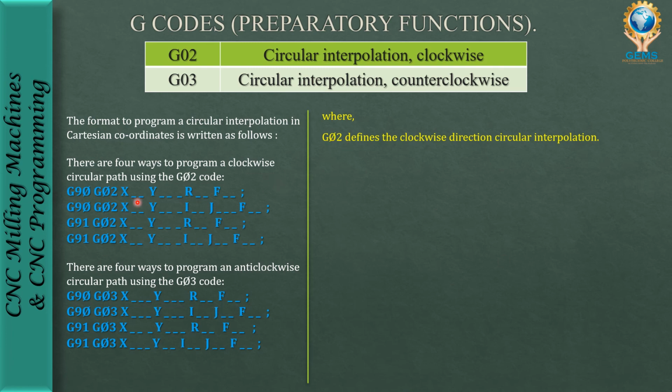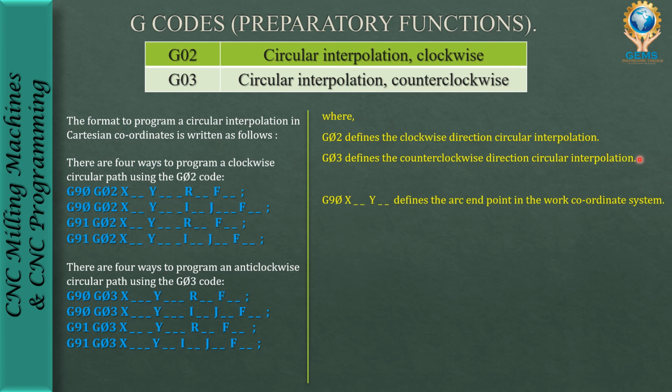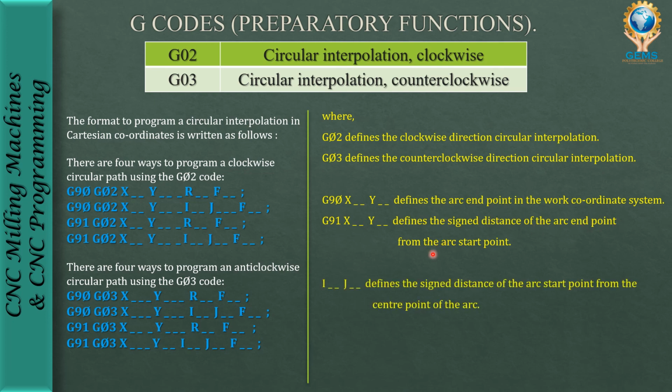Here, G02 defines the clockwise direction circular interpolation, and G03 represents the counterclockwise direction circular interpolation. G90 defines the arc end point in the work coordinate system, and G91 X and Y defines the distance of the arc endpoint from the starting arc point.